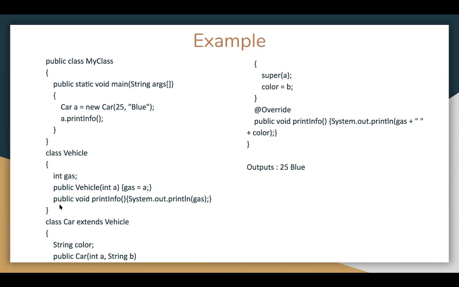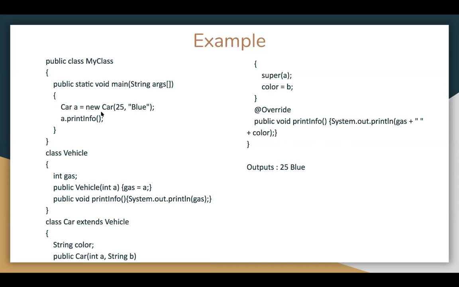And then we have here a generic display method really. So printInfo, and then we just print out the gas value. But then you can see here that in the Car class, I have @Override and then public void printInfo, and this time I print out both the gas and the color. So in this case, when we do a.printInfo, it prints out 25 blue.